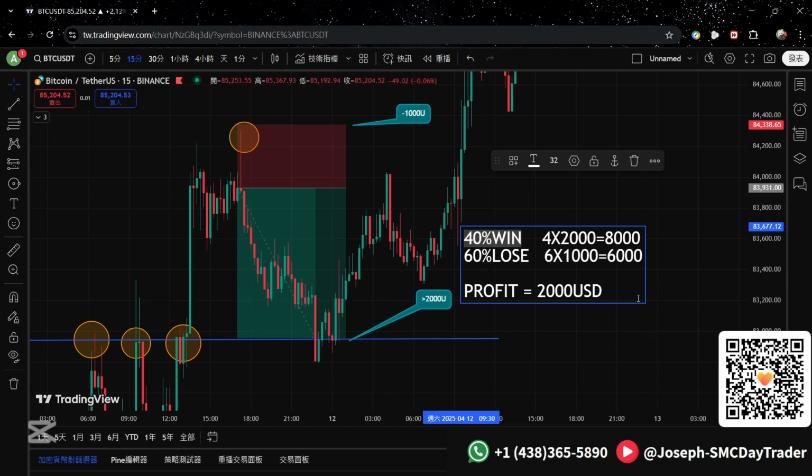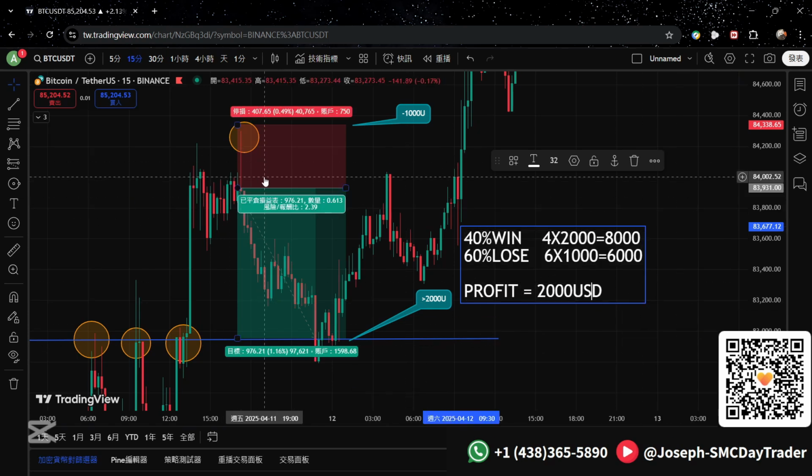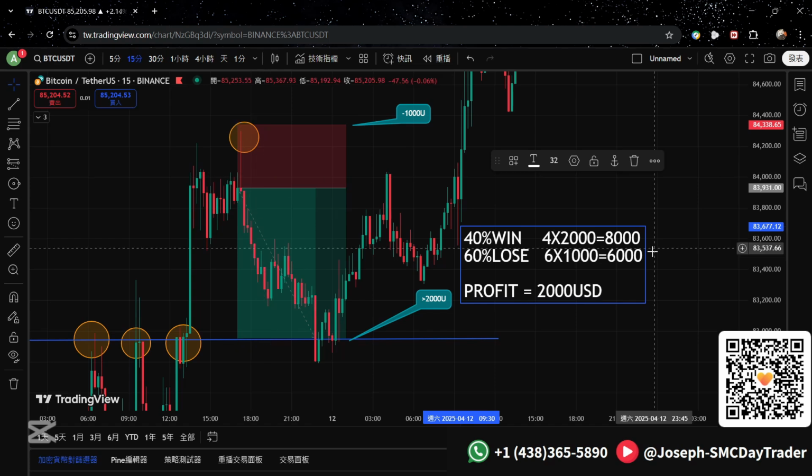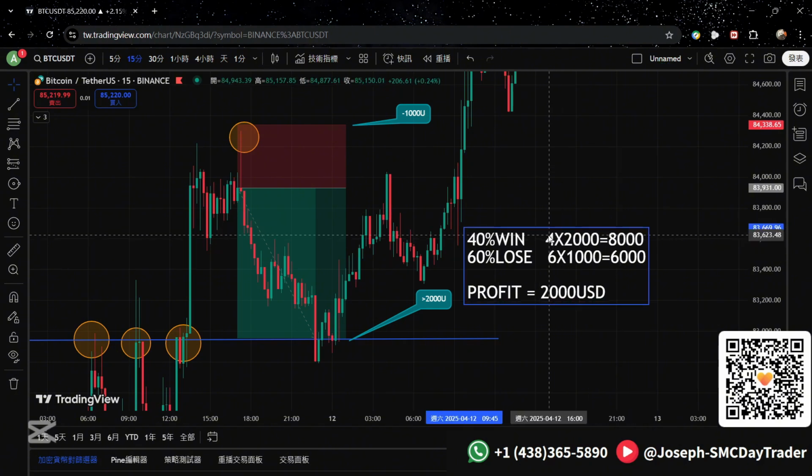So don't forget, we are always looking for a risk to profit ratio of more than 2. Just imagine if you have a 40% win rate and 60% lose rate, and you only make 1 risk and 1 profit, then in the end you will lose.